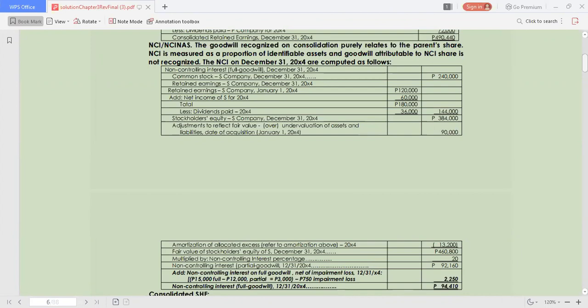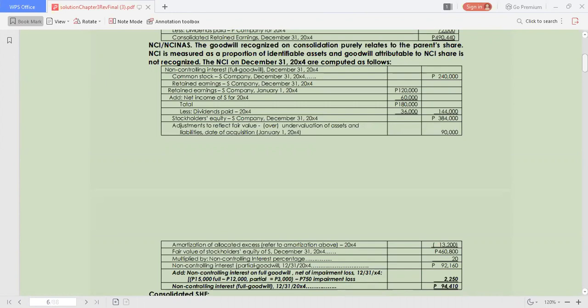92,160. And we add the non-controlling interest on full goodwill, net of impairment loss. So full goodwill 15,000. We have to deduct 12,000 on partial goodwill. So the difference is 3,000. Then we deduct the impairment loss applicable to the non-controlling interest.